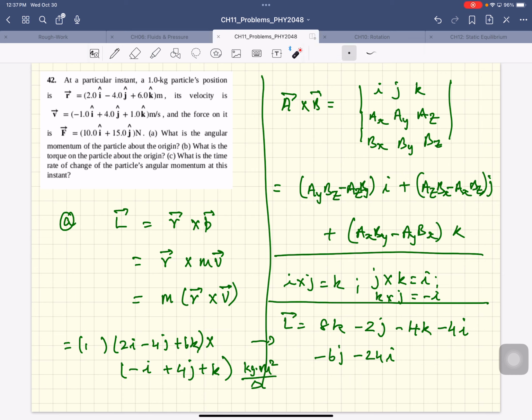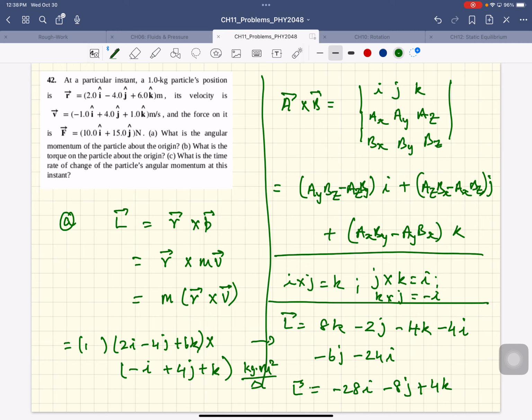So we have the angular momentum, and now we can collect all the like terms, so there should be 2 of each. L is minus 28i, minus 8j, and plus 4k.